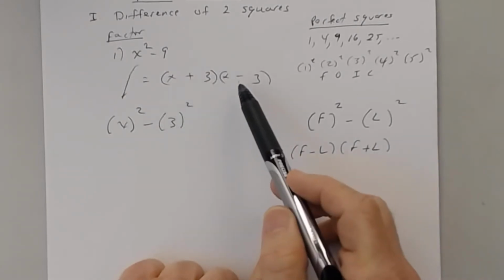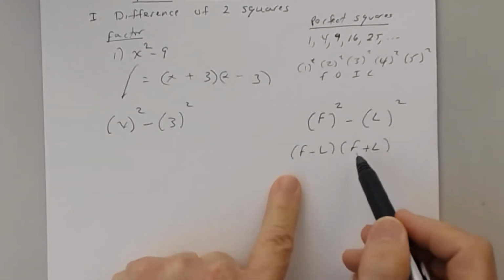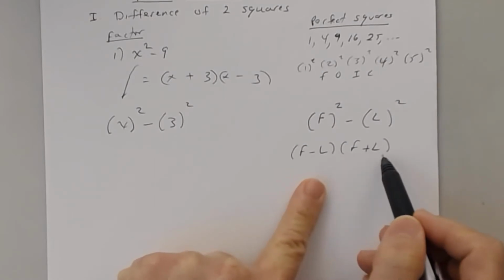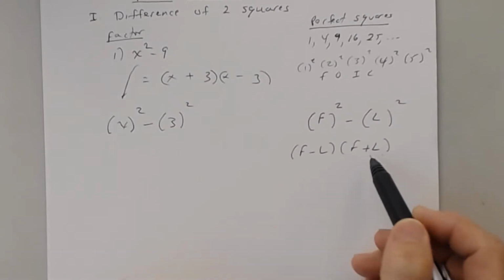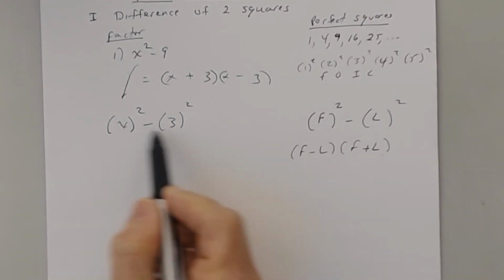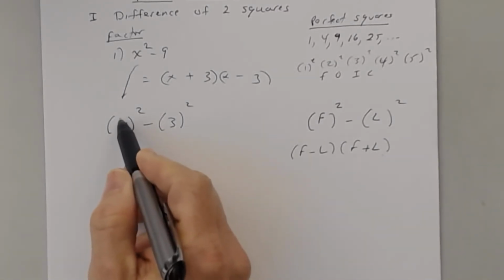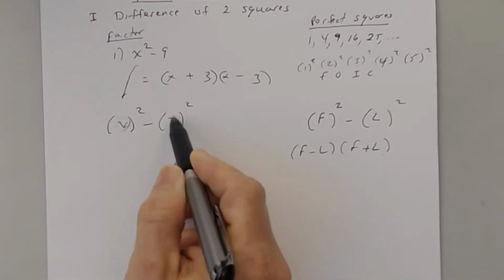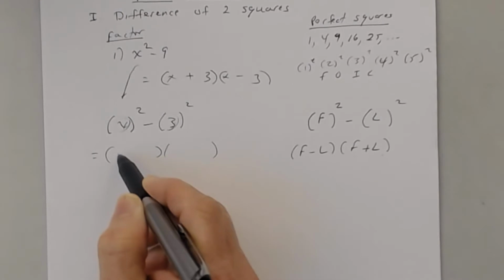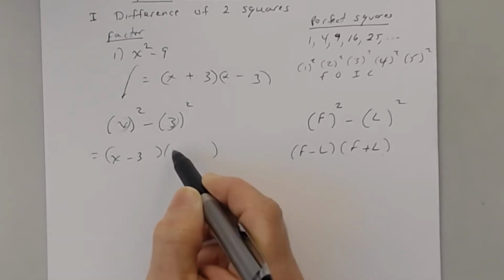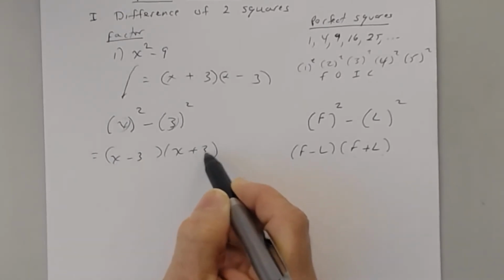X plus 3 times x minus 3. Notice the F's are the same, the L's are the same. The only difference is the sign. So if I can fill in these parentheses, then this is my F and this is my L, and I can factor this as two binomials, x minus 3 times x plus 3.